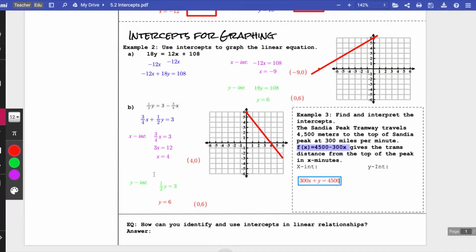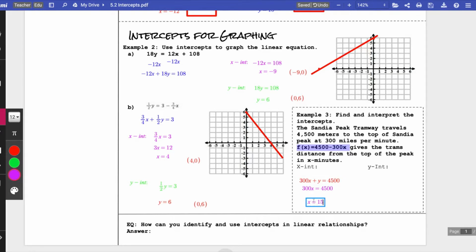If I find the x-intercept, what does that mean? Well, I'm setting 300x equal to 4,500. And when I divide these, oh gosh, I'm going to get 15. So x is equal to 15.